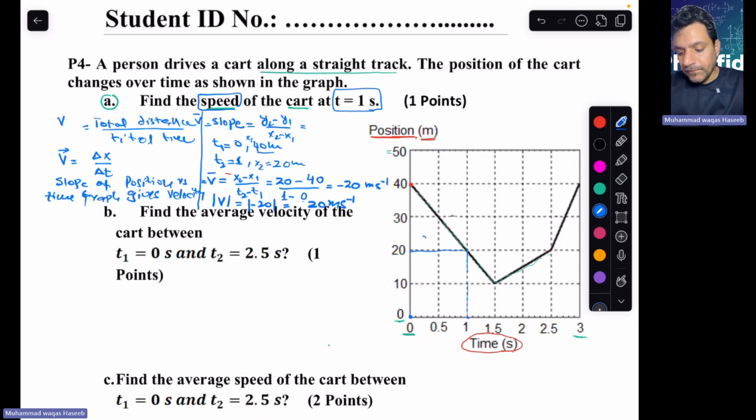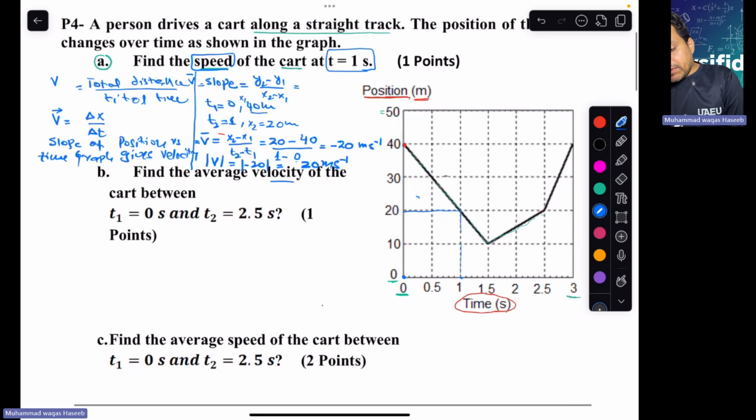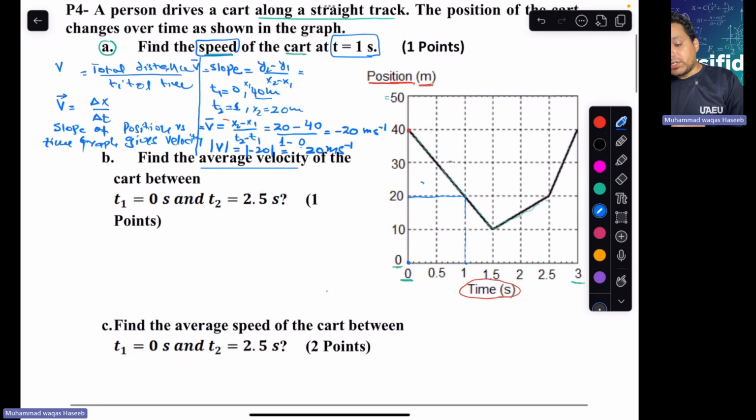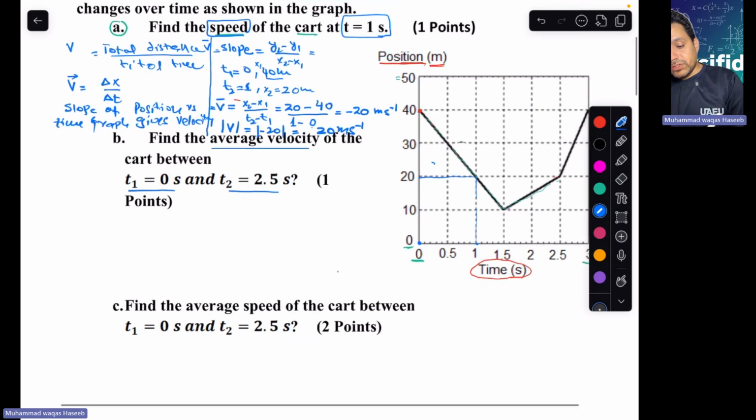Okay. Now, what is the average velocity? Whenever you are calculating the average velocity, it has to be over an interval. So this interval is given. Whenever you are asked to calculate the average velocity, find a time interval and calculate the positions in that time interval.